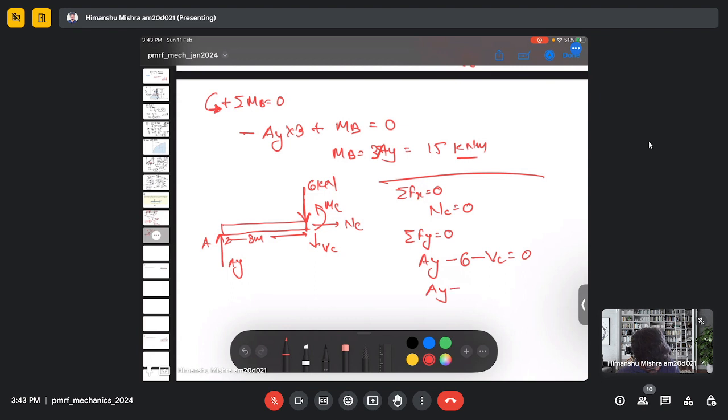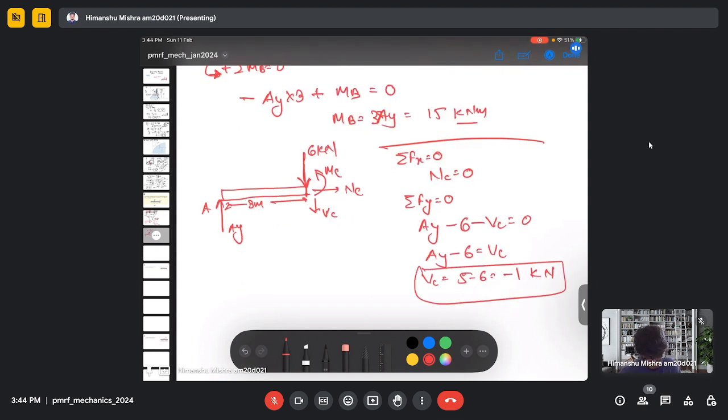So Ay minus 6 equals Vc, and Ay is 5. So my Vc will be minus 1 kilonewton. So this is my Vc, which has the opposite direction, because we got minus 1 kilonewton.